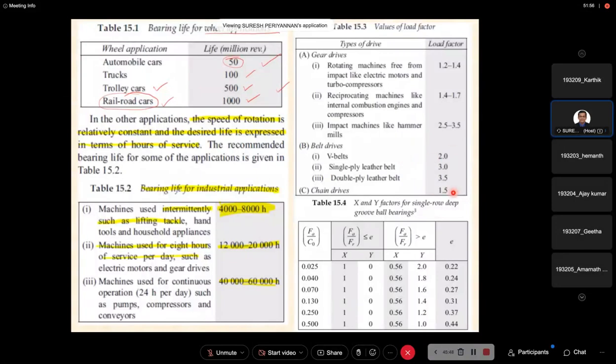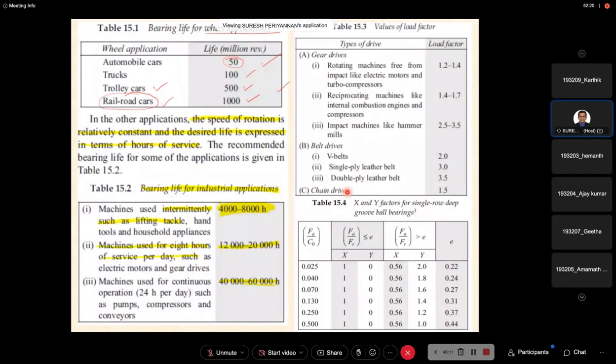Similarly, we are applying more load factor, because some unknown parameters are not accounted in our design. Hence, we are using this load factor based on these values. These values come from experimental studies. Based on that, they defined this 1.5 to 2 for belt drives and chain drives.